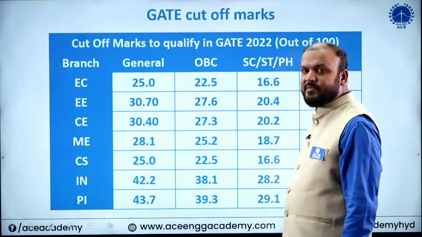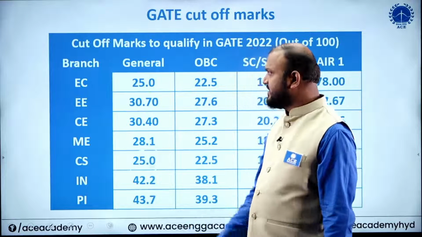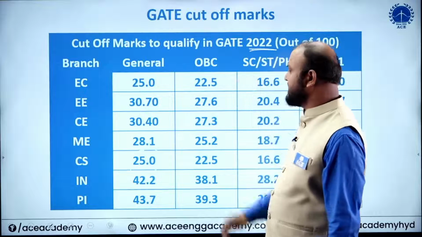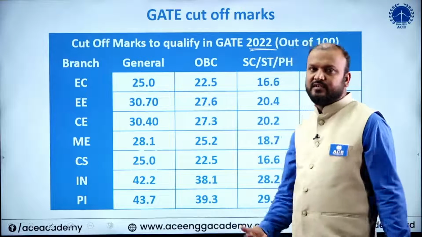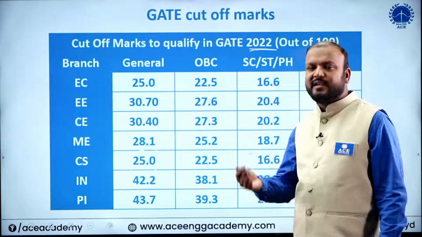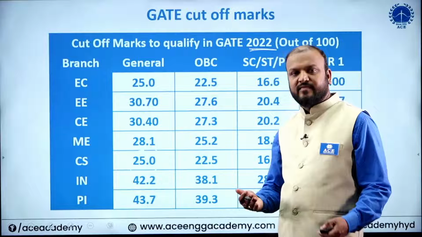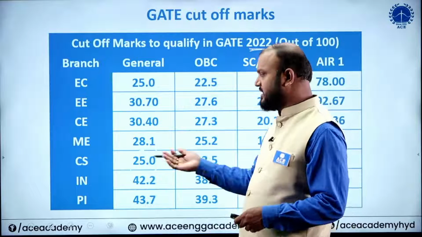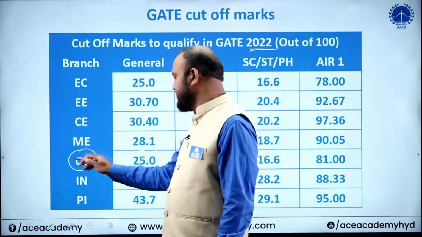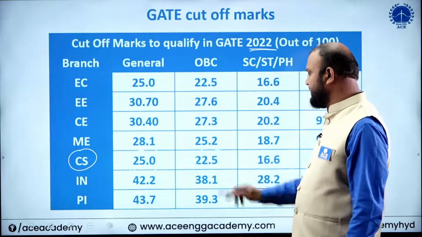And cracking the GATE examination is easy because, as you know, only 25 marks were needed in GATE 2022. When you see the cutoffs, 25 marks is sufficient to qualify. If you qualify the GATE examination, you can get all the benefits that are there for qualified students. If you are OBC, 22.5 is the cutoff.